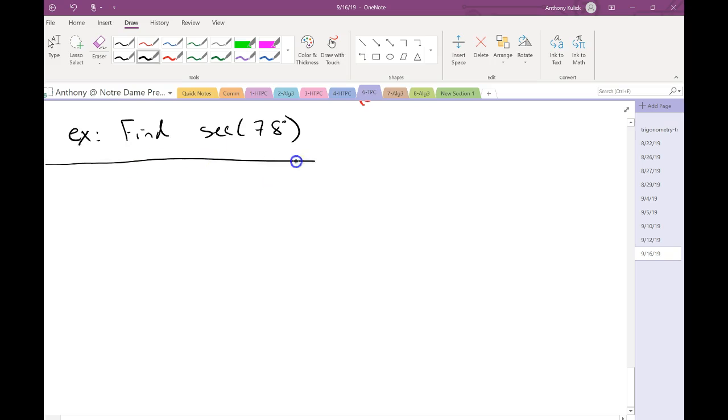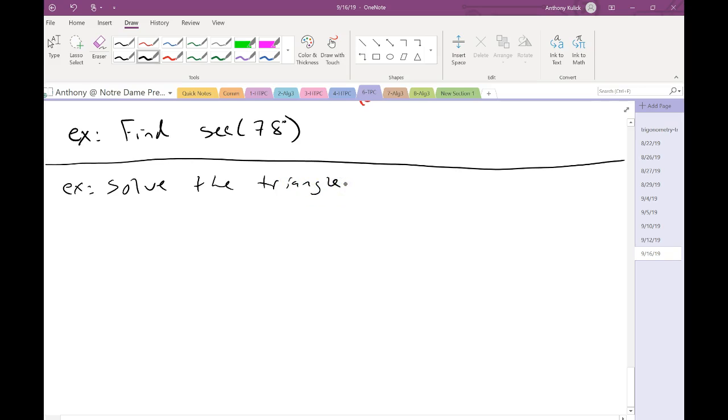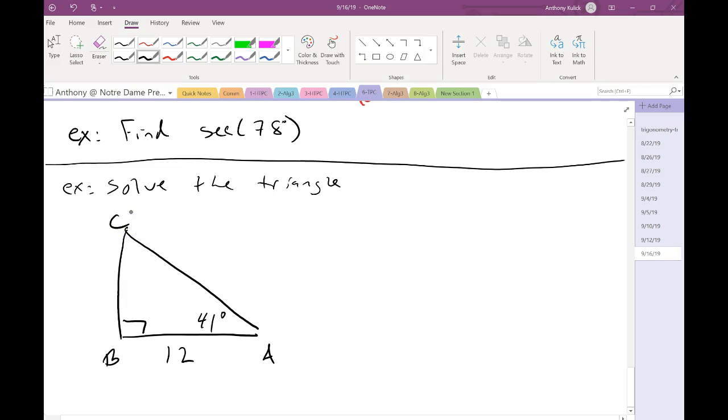Right. Last example for this section. Let's say that our directions say solve the triangle.